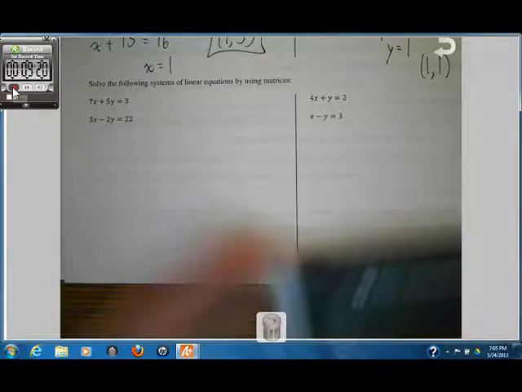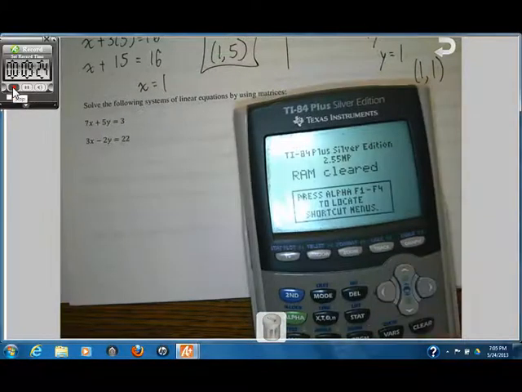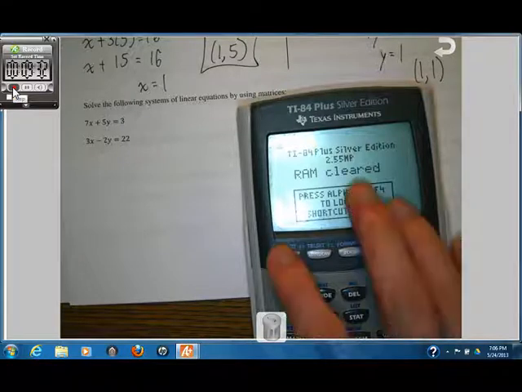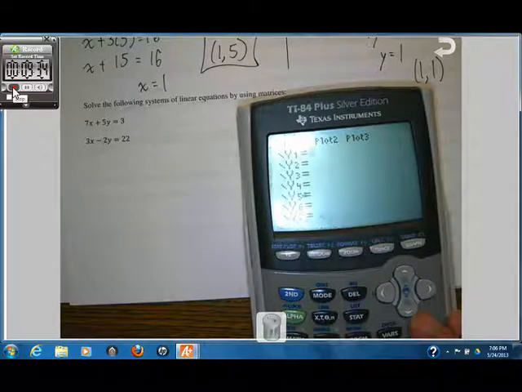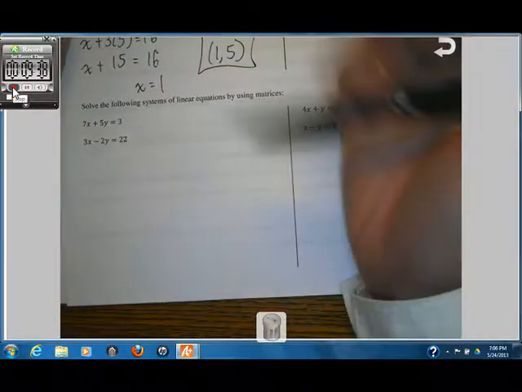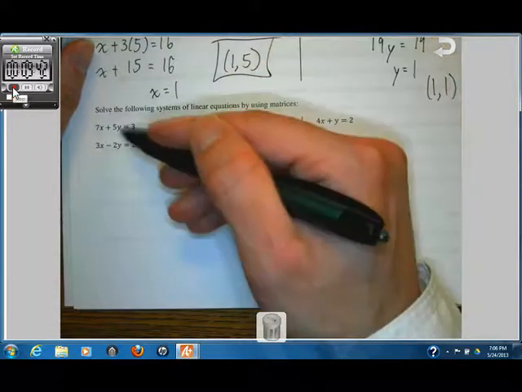First, you're going to construct the matrix. A matrix is basically an array of the coefficients and the constants of the system. So your matrix conversion of the system is 7, 5, 3, coefficient, coefficient, constant, 3, negative 2, 22. So we're going to plug that into our calculator.